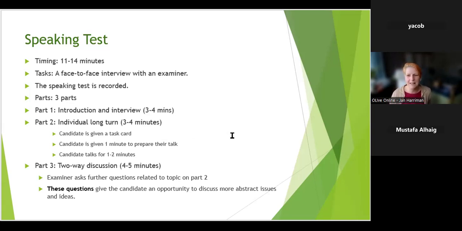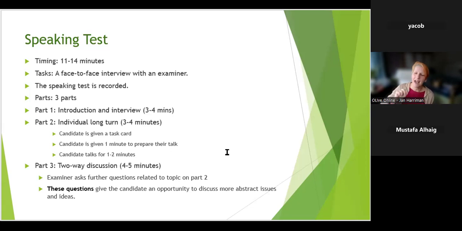Make it as personal as you can, because that allows you to reach into that vocabulary hoard that you have that you aren't even aware of because you've absorbed that language while you were learning something else. You're given a minute to prepare your talk. Do exactly what you do on the task two writing exam.